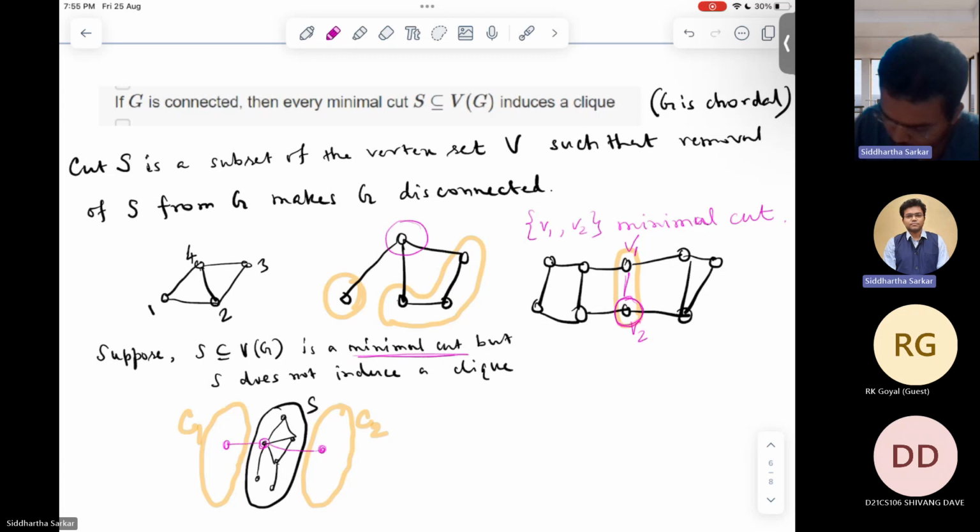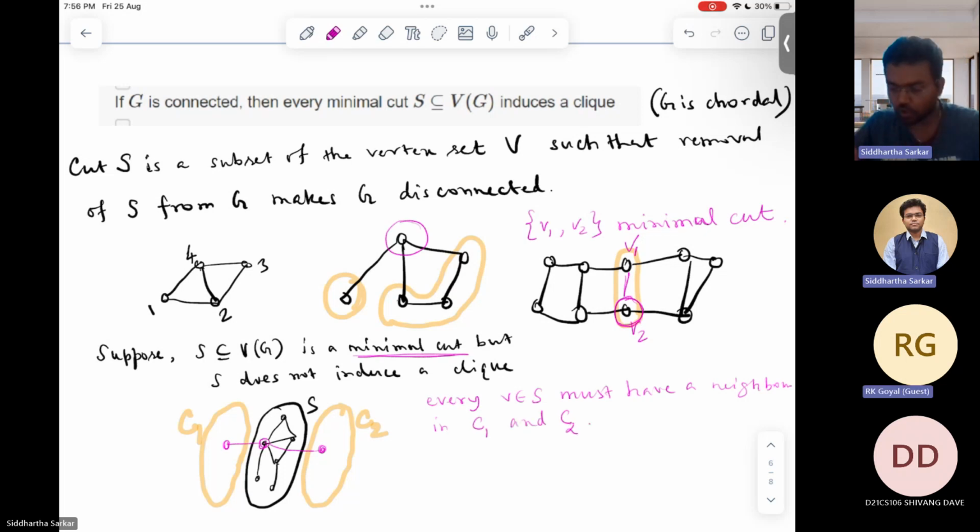Do you understand? I'll just write it down. Every vertex in S must have a neighbor in component C1 as well as component C2. Because if not, let us say this edge was not there, then this cut can be reduced.